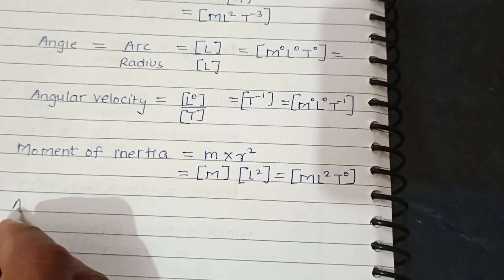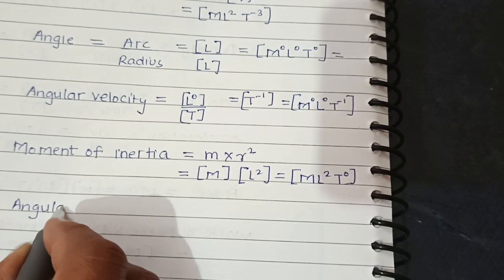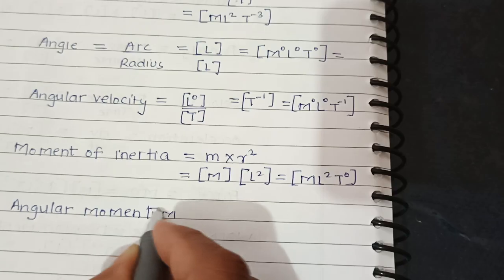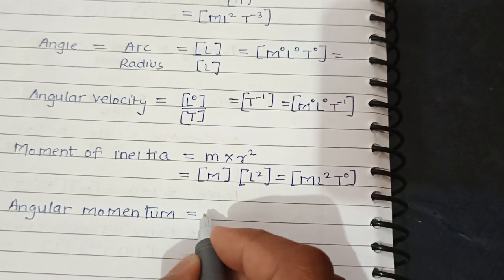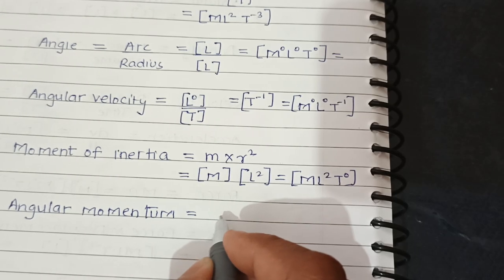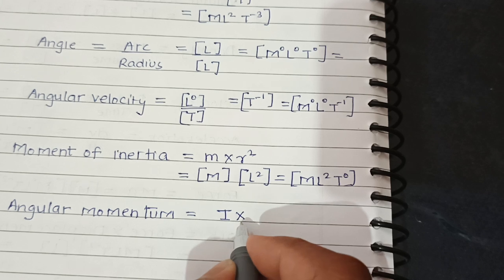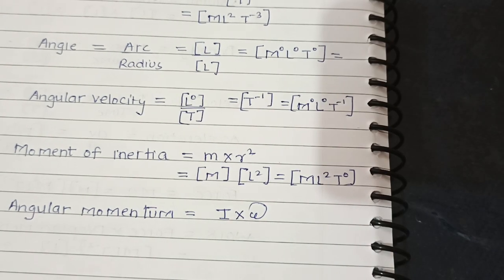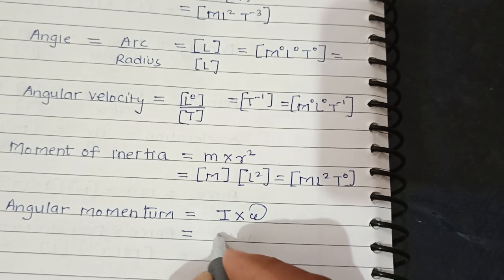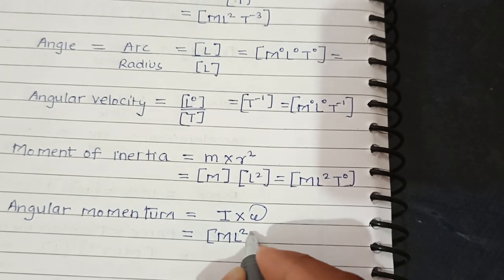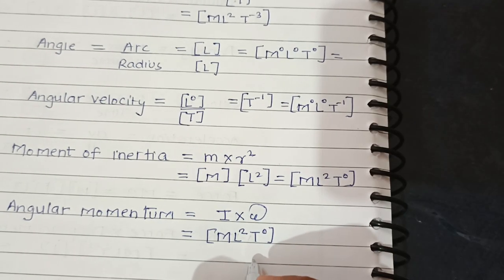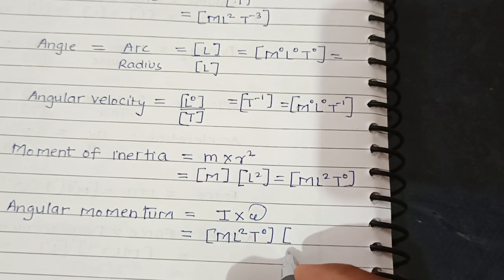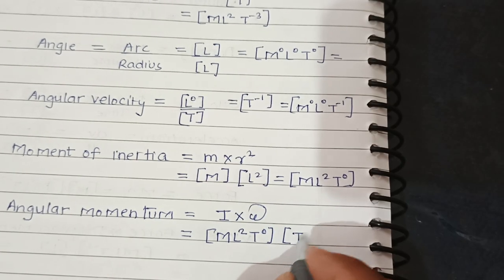Okay, now next, angular momentum. Angular momentum is equal to I into omega, angular velocity. So I is M L square T to the power 0 and omega is T minus 1.